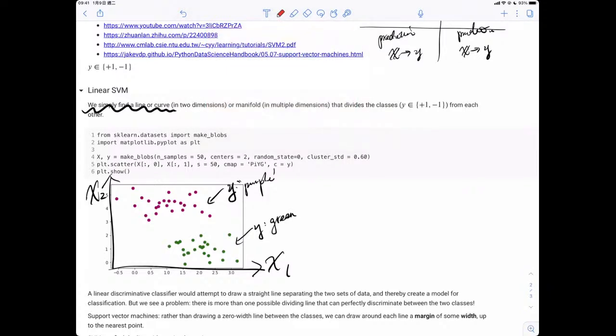visually, we can draw a line. However, this line does not reflect the relationship between x and y because we don't have y in this surface.